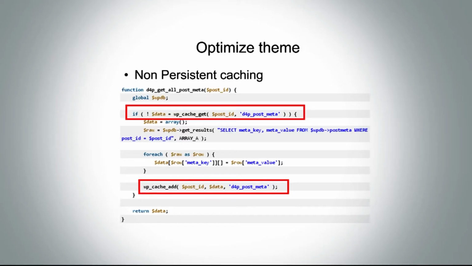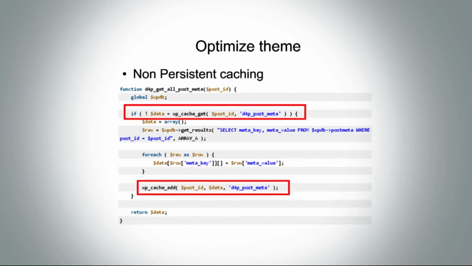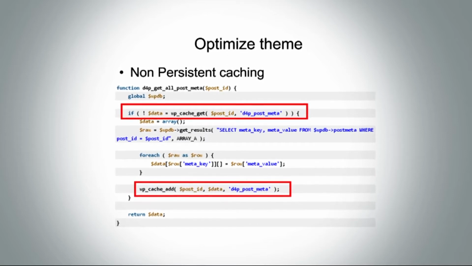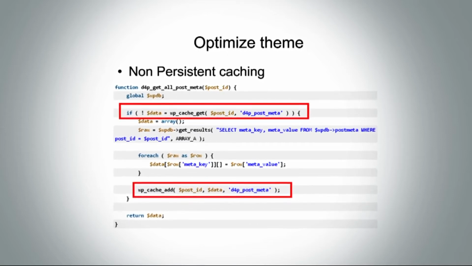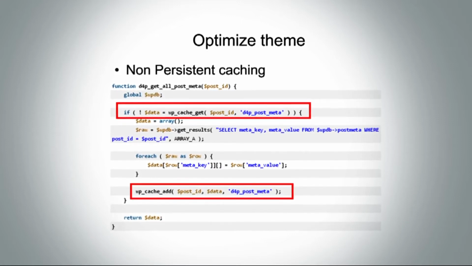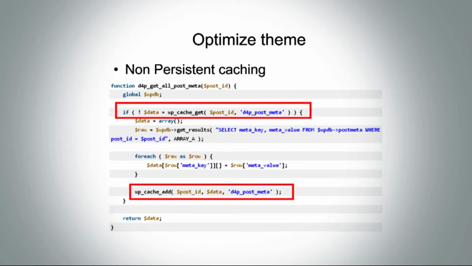We can use this type of cache on our page or post while getting all post meta, page meta. As shown in the example, we can use wp_cache_get, wp_cache_add and wp_cache_delete. First of all, we need to check whether these are in the cache already or not. If not, then we can add these things, and when that page loads again, it will retrieve those things from the cache.